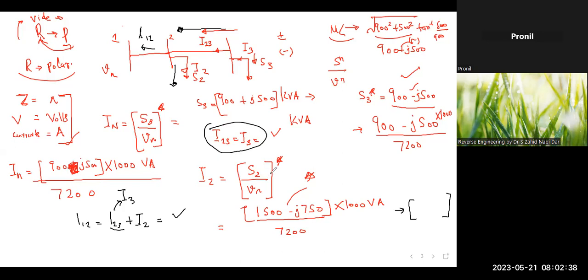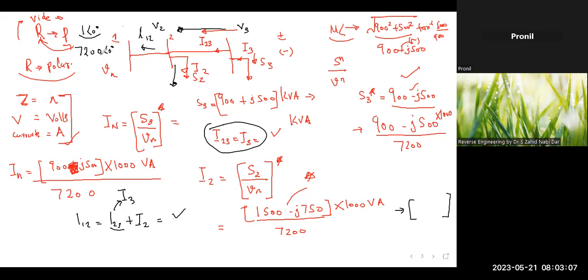Now, the final step is for the backward sweep. For the backward sweep, you have this voltage V2 and voltage V3, right? And this is a slack bus wherein you will give one at an angle of 0 degrees, but here they have not expressed it in per unit. Here they have given the voltage of the slack bus to be 7200 at an angle of 0 degrees.